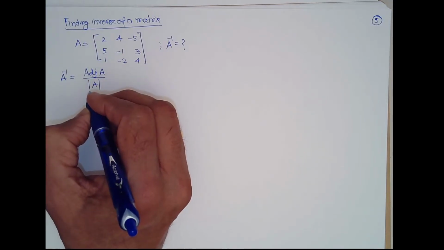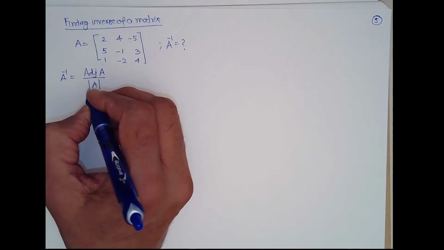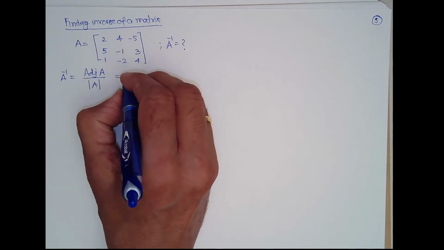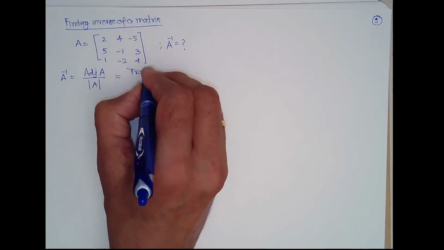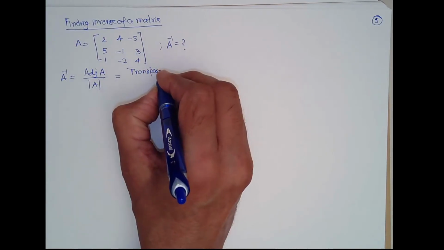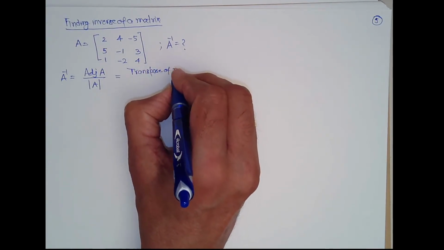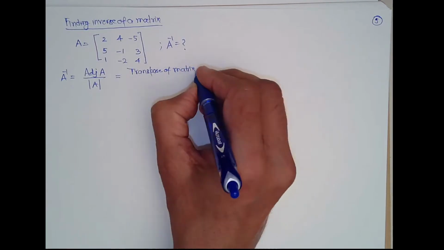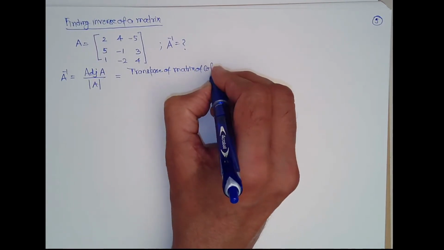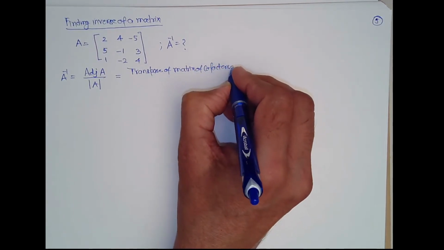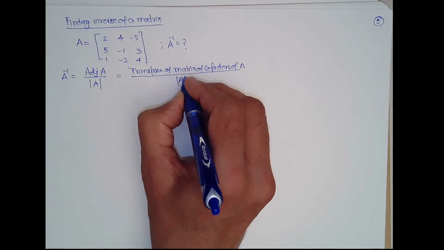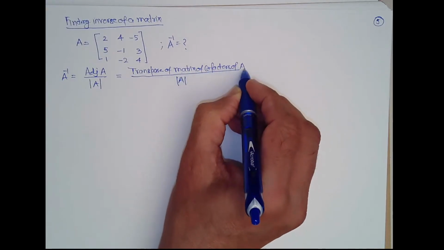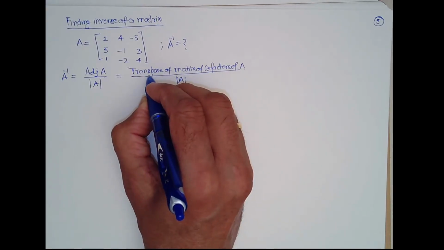What is the adjoint of a matrix? The adjoint of a matrix is the transpose of the matrix of cofactors of A. So first we will have to find the matrix of cofactors of A, then transpose.